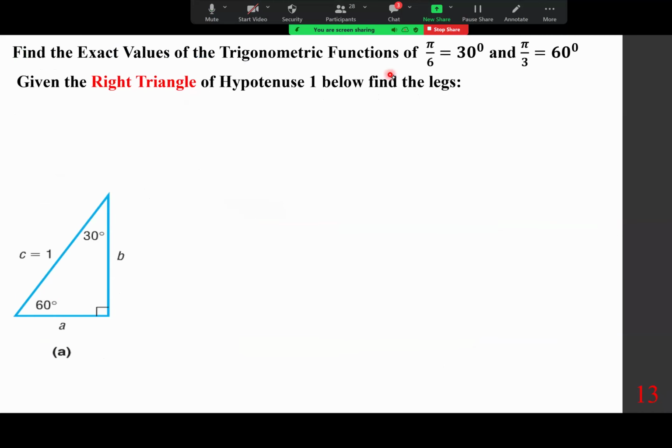Find the exact values of trigonometric functions for pi over 6 or 30 degrees and pi over 3 or 60 degrees. So we start with the right triangle of hypotenuse 1. This is 30 degrees, this is 60 degrees, and this is 1.